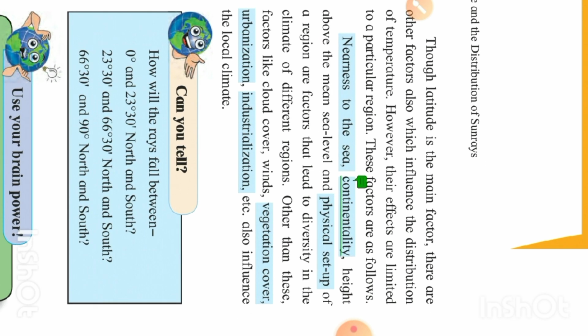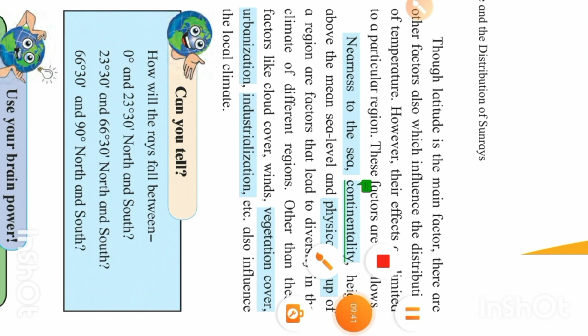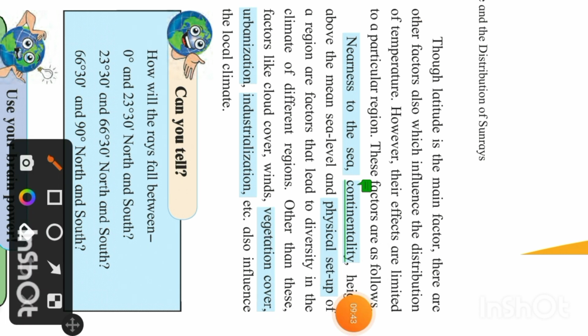The reasons are nearness to sea, the areas which are near the sea; continentality, meaning the area which is far away from the sea; height above the mean sea level; and physical setup of a region.